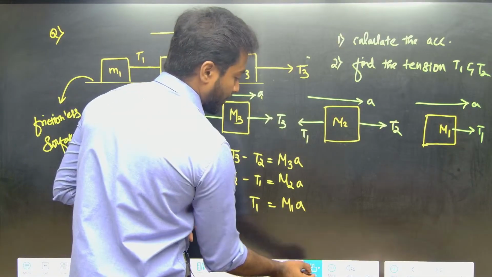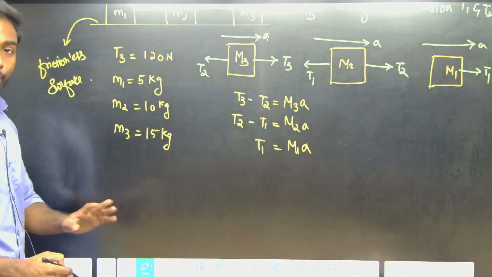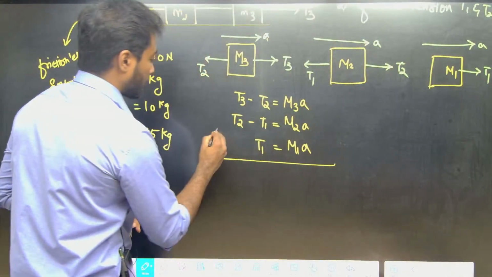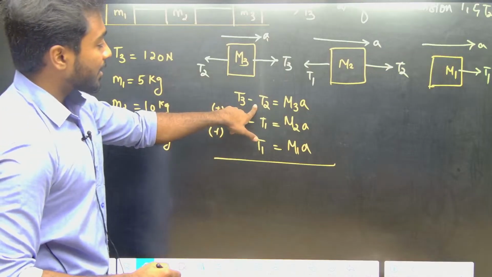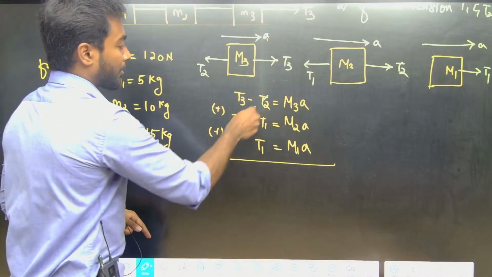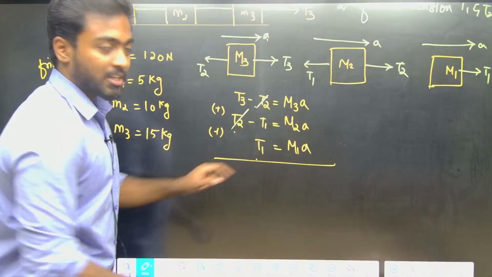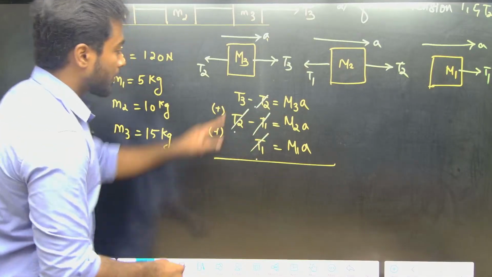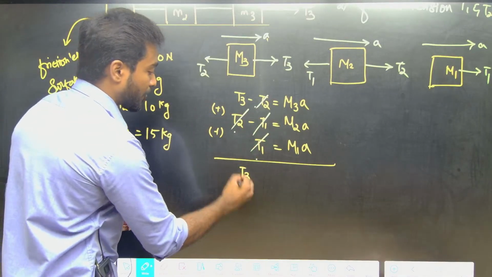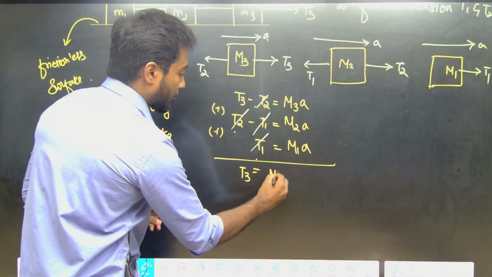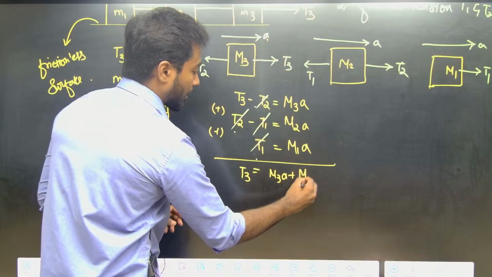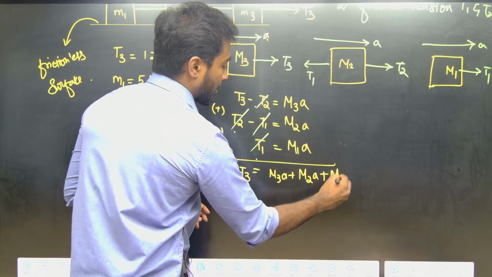So if you find the equations like this, what you will do is try to add everything. If I add everything, minus T2 and plus T2 will get cancelled off, minus T1 and plus T1 will get cancelled off. T3 is remaining on the left hand side, equal to everything added up: M3A plus M2A plus M1A.